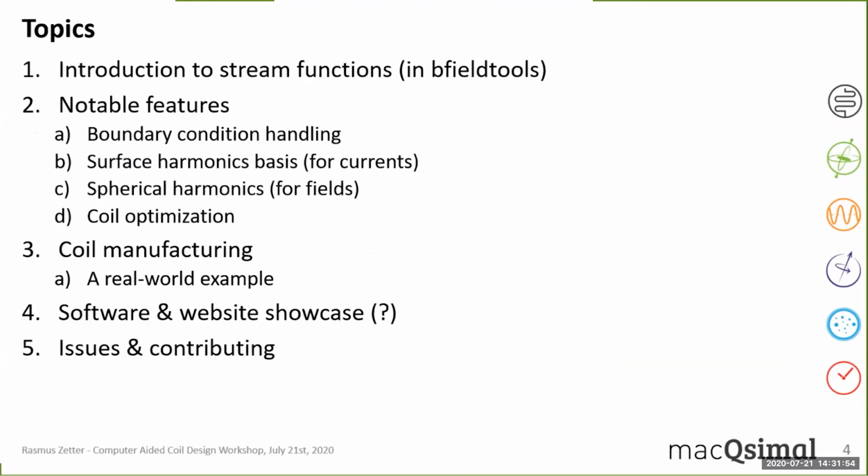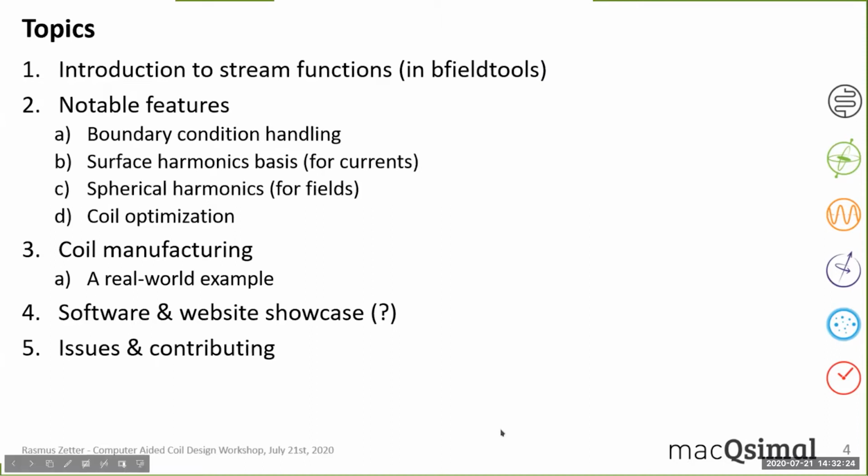So when preparing these slides, I saw that Niall's presentation was before mine. So I'll just give a brief introduction to stream functions and how we handle them in bfieldtools specifically with our discretization. Then I'll continue with some more or less notable features in bfieldtools, things that perhaps haven't been done this way before or that I think are useful for coil design.